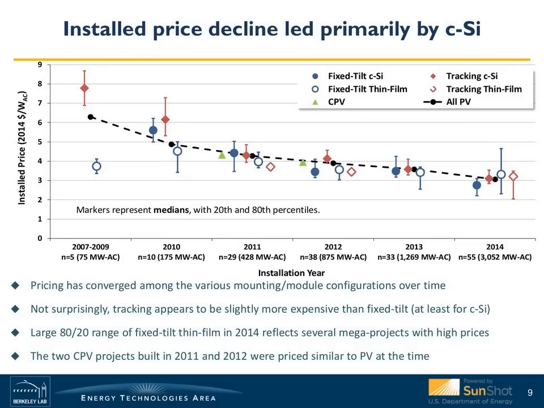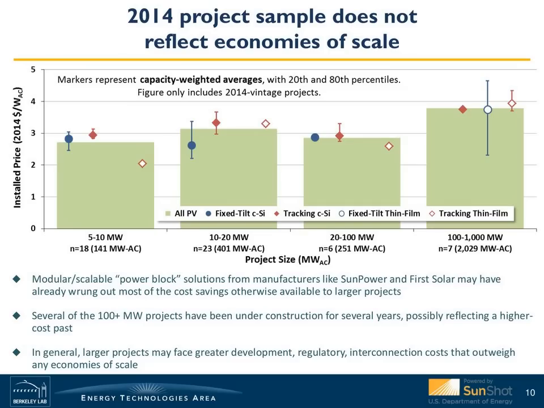This slide now looks a little bit more at projects that have been finalized in the year 2014 and looks at how prices differ by project size. And we don't really see a clear evidence of economies of scale within the utility scale sector.